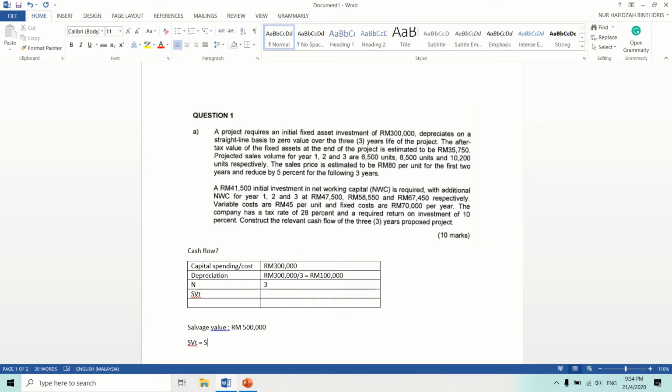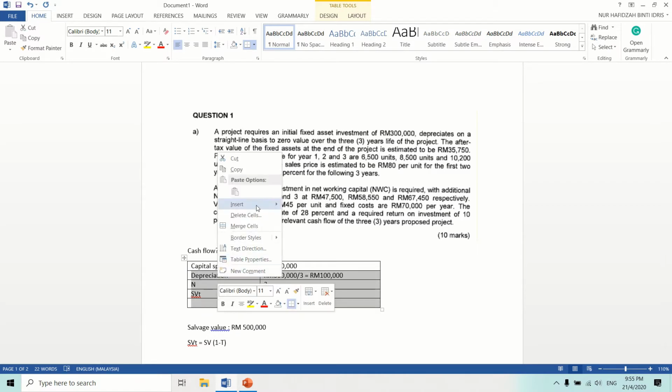By using the formula: salvage value times (1 less tax). But in this question, the value for after-tax salvage, SVT, is already given, so you do not need to use this formula. Just plug in the figure given, RM 35,750. So the next information.